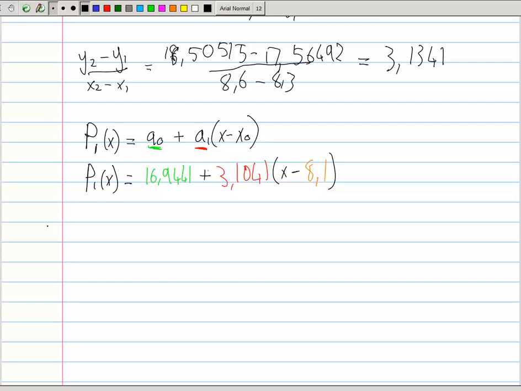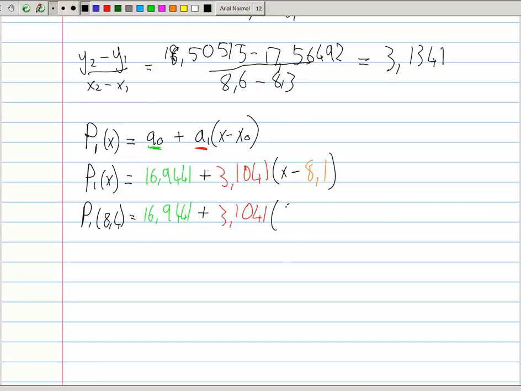So when we're told let x equal 8.4, we're going to go p1 of 8.4 is equal to 16.9441 plus 3.1041, open brackets.